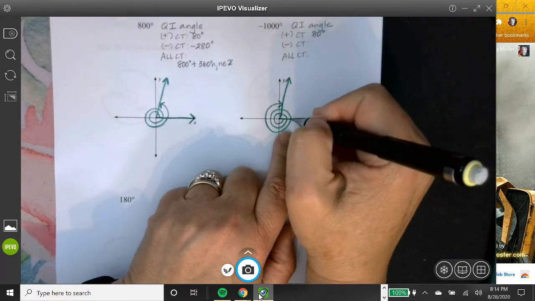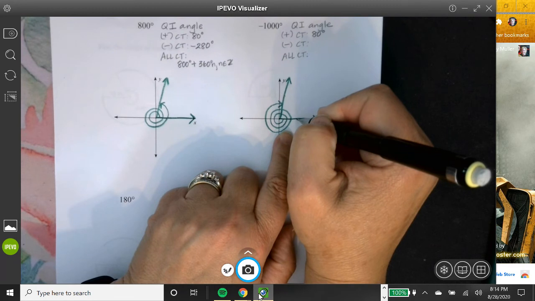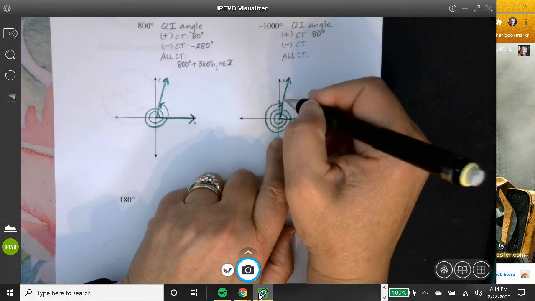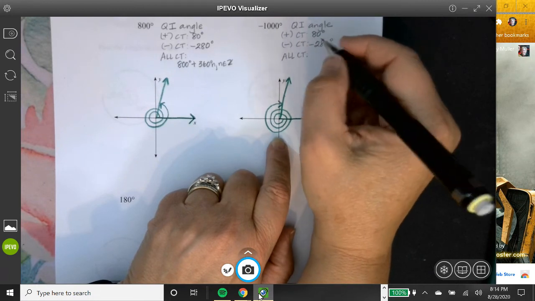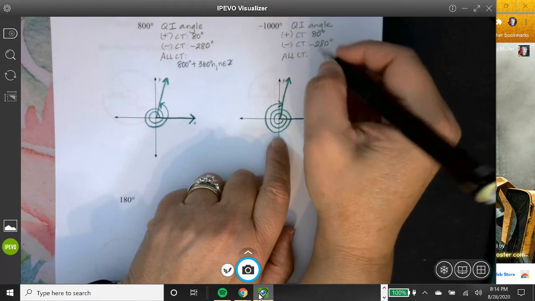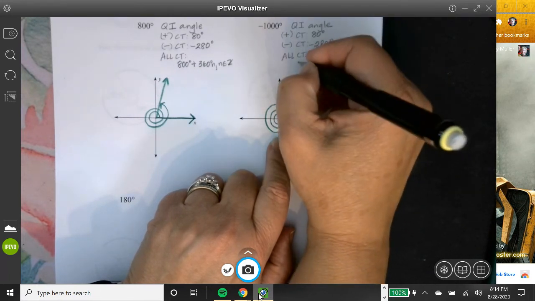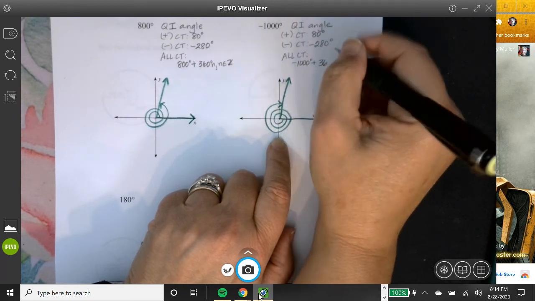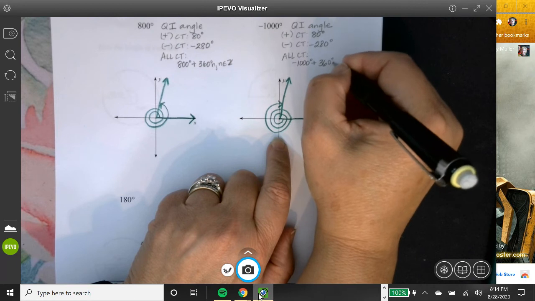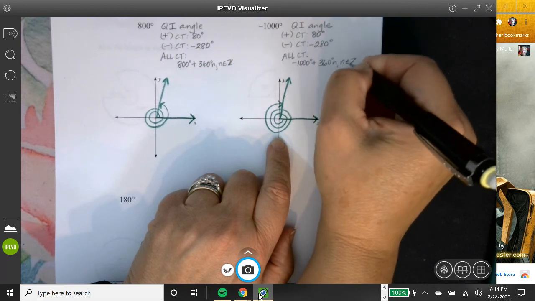A negative coterminal could just be starting at this initial side and ending here, which would be negative 280 degrees. And then an expression for all of them could be negative 1,000 degrees plus 360 degrees times n, an element of the integer set.